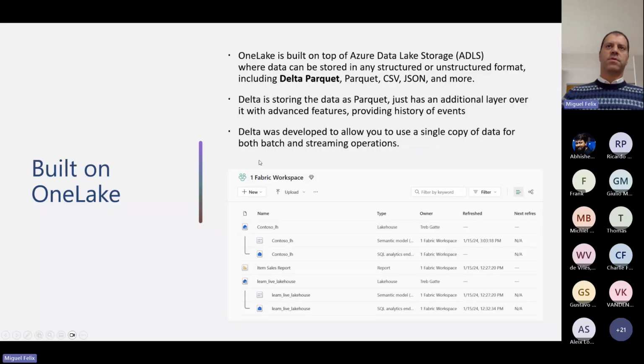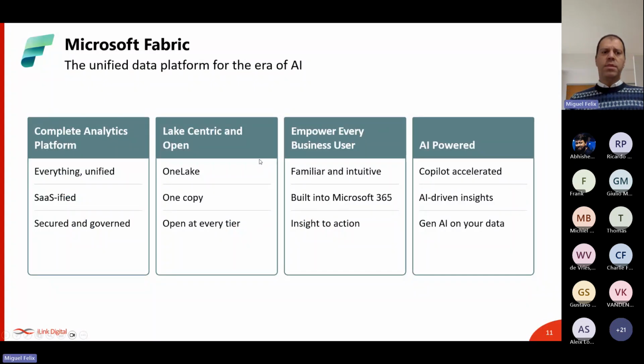Okay, so let's continue. In terms of Microsoft Fabric, we are going to talk a little bit, just high level, about these four premises of Fabric, which are the ones we are going to look into in our presentation. We already talked a little bit about the SaaS platform, right?